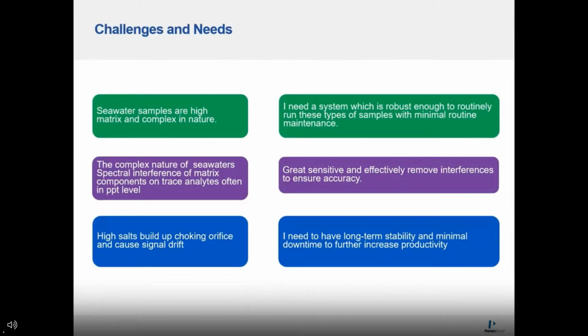There are a few challenges that need to be addressed in the analysis of seawaters. Seawater samples are known to have high total dissolved solids, and if you have lots of samples for testing, you would like to be able to reduce downtimes and routine maintenance in order to maximize your productivities.